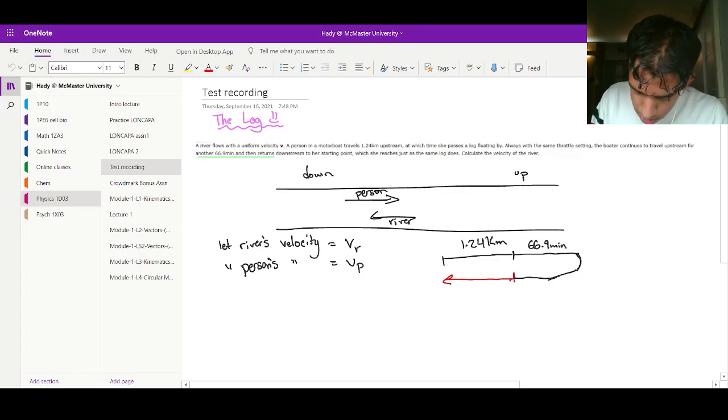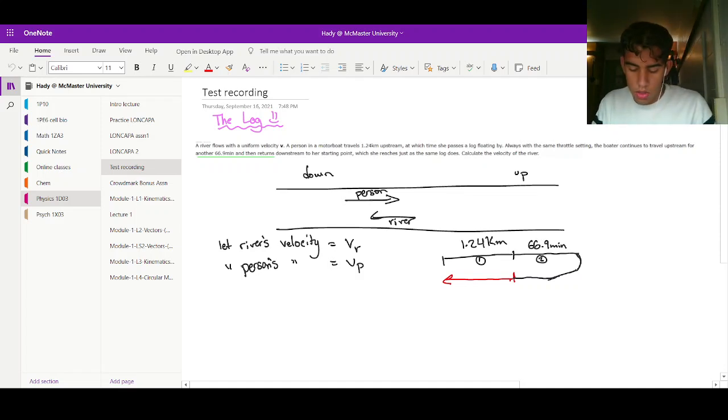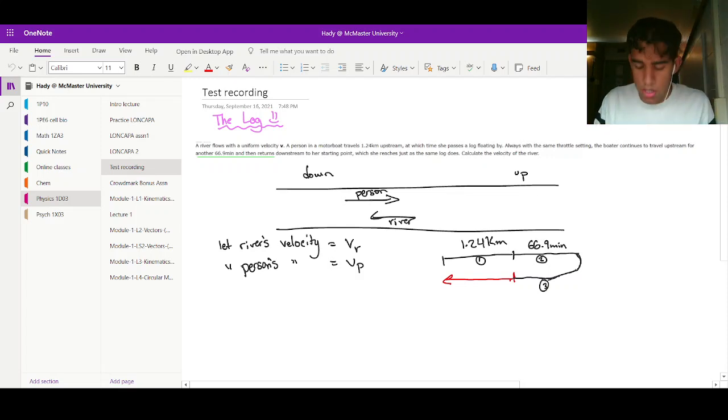So we have three scenarios here. The first scenario is where it goes the 1.24 kilometers. The second scenario is where this boat is going upstream for the 66.9 minutes. And the third scenario is when it starts going downstream, because now it's following the stream, so the velocity will increase. And then we have the log scenario, which is in red there.